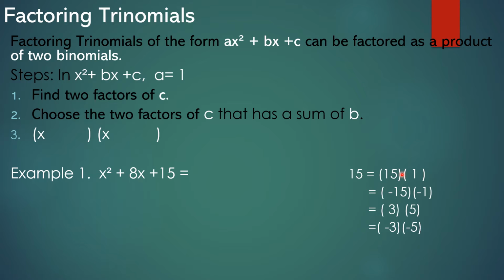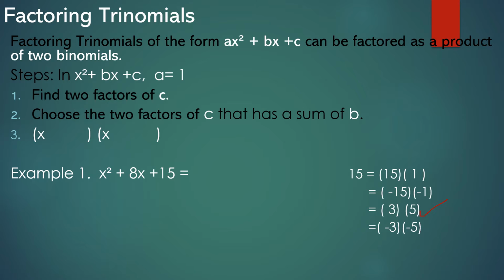So which of the two factors of 15, if you add them, give a result of 8? This is it, 3 and 5. What we are going to do next is simply plug this pattern in. I have here two parentheses in step number 3. Why did I put x and x already here? Because this is x squared, and a is equal to 1, so x times x is equal to x squared.